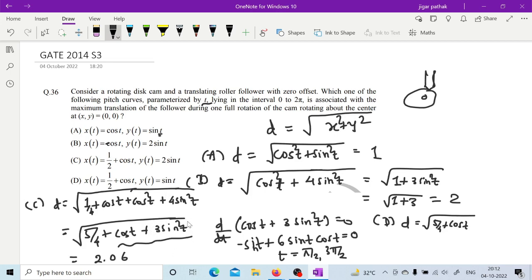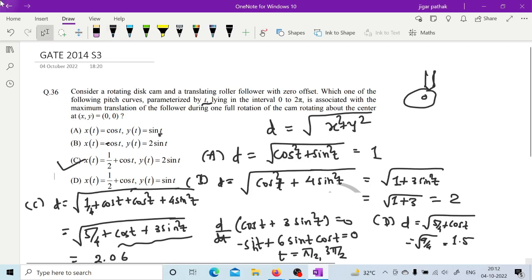It will be maximum when cos t is 1, and then it is 5 by 4 plus 1, so that is 9 by 4, so that is 1.5. So this is how you will have the maximum at C, right? So this is how you can solve this kind of questions.